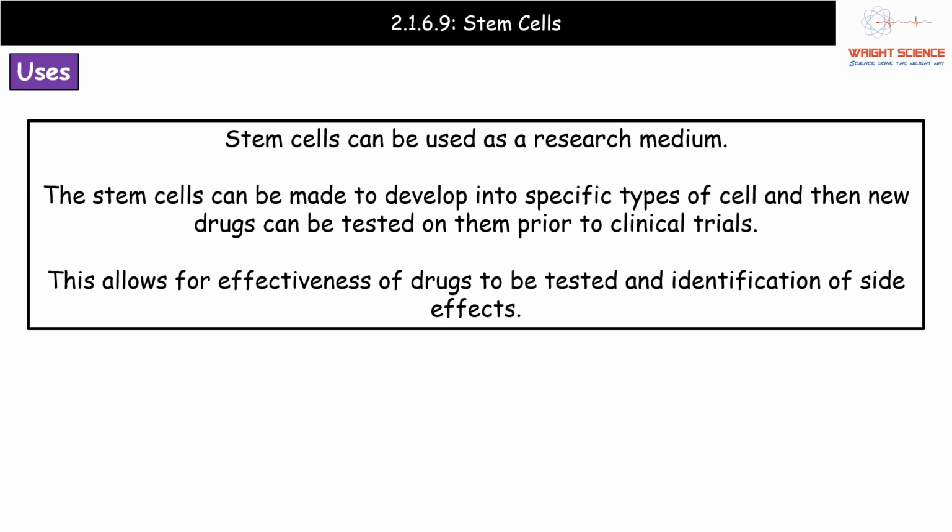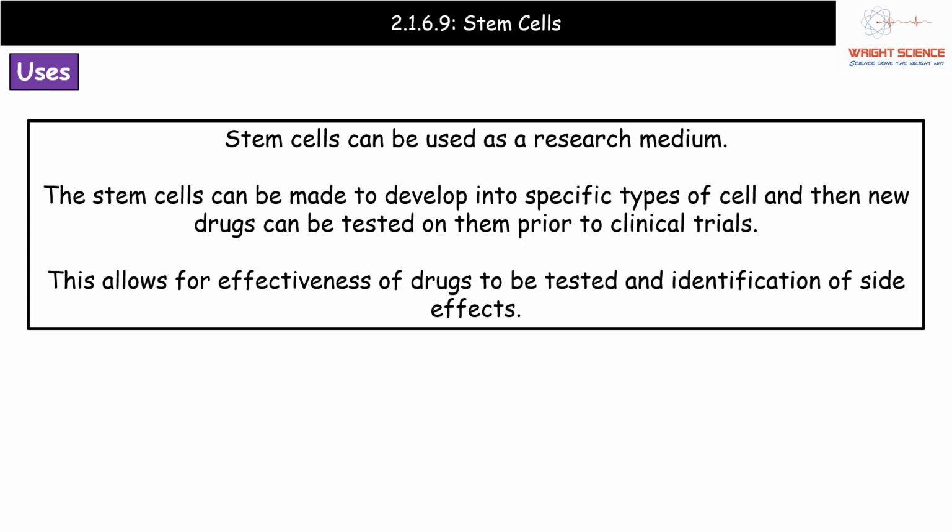So what we can do is develop this medium of our stem cells, and we can then get them to differentiate to become the types of cells we want the drug to be tested on. We've now got a supply of those specific types of cell that we need, and we can test our drugs on it before we go anywhere near an actual living thing.